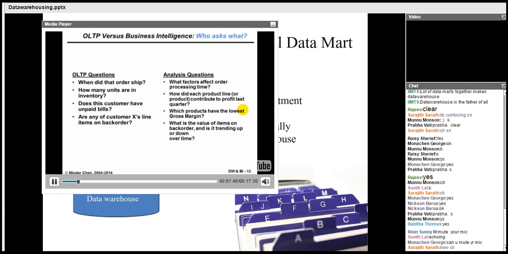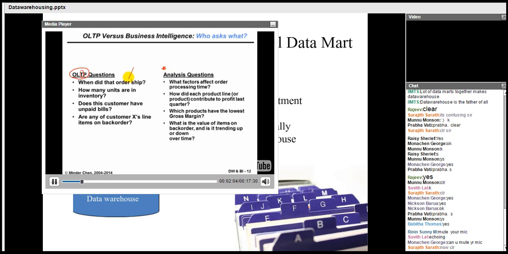So we do ask a lot of what and why question or even how. Some belong to the online transaction processing application, like the traditional database. But some belong to data warehouse and business intelligence related application.